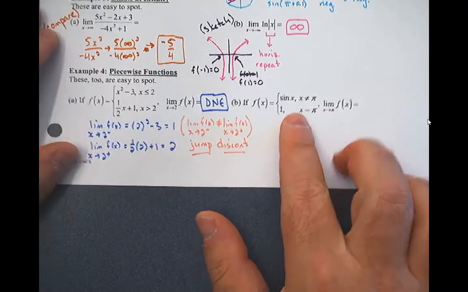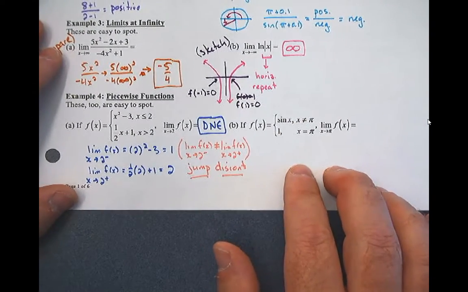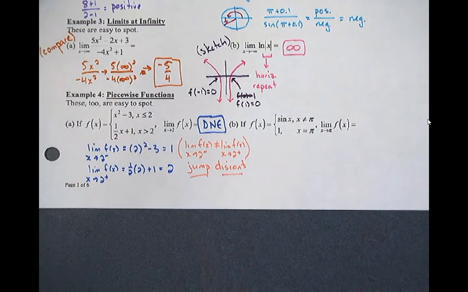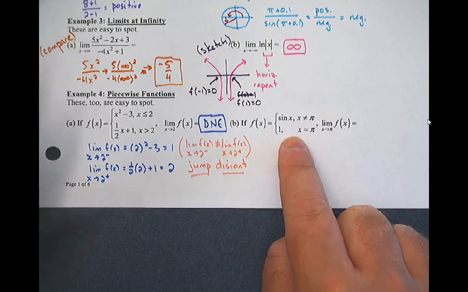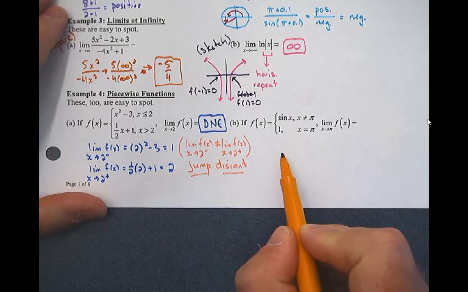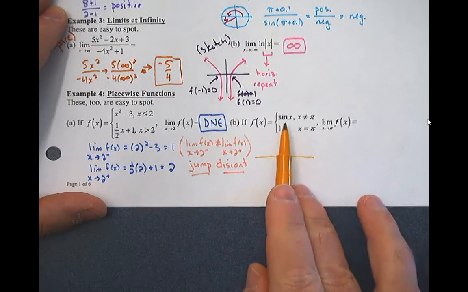All right, another piecewise scenario here. What would I want to do? I'm thinking I might want to try to sketch it. So, yeah, I guess I'll sketch it. Now I'm sketching the sine function.